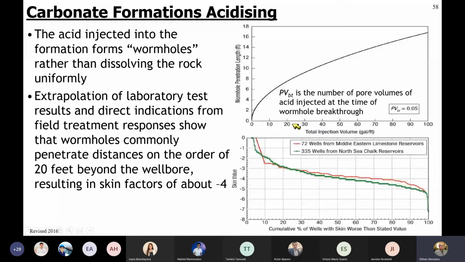Increasing the injection volume will increase the penetration length as per a parabolic function, and that may be up to 20 feet beyond the wellbore, which is quite large. As you can see here, we increase the influx area or influx zone substantially for carbonates with matrix acidization.